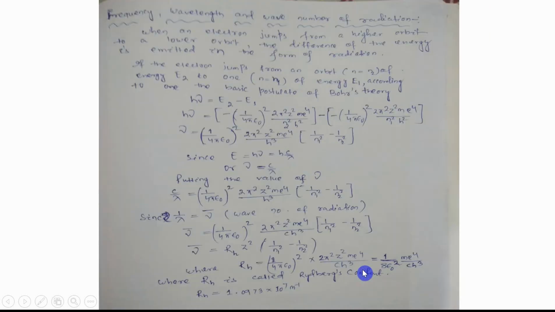So E total equals minus 1 by 8 epsilon naught square, Z square m e fourth divided by n square h square. So this is the expression for the total energy of the electron in the orbit.